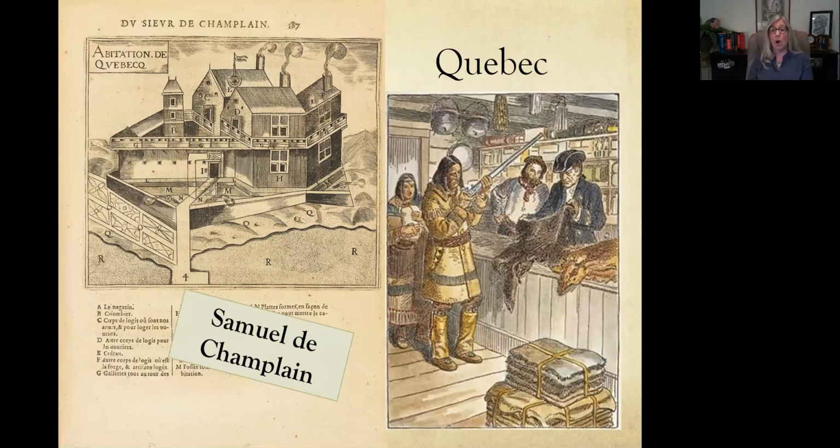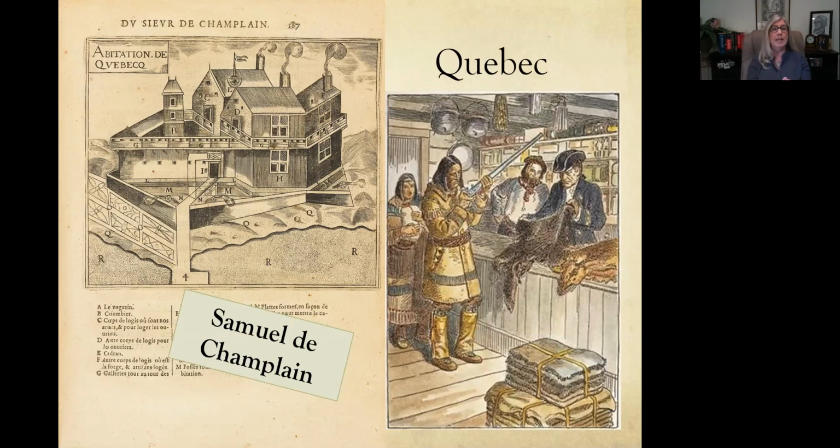And the native groups are very eager to trade with the French. They're trading guns for beaver pelts and animal furs. And so they're going to sell like crazy in Europe. People are fascinated by these animal skins that are coming out of North America.